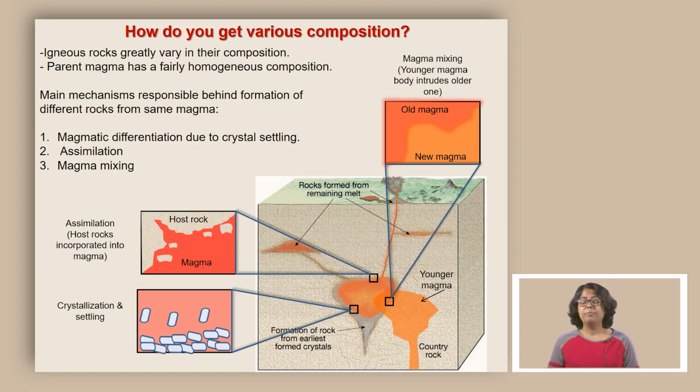As a result, when a hot magma is rising, every time it is cooling down, it is losing part of its composition because some of the minerals preferentially crystallize and get removed from the original melt. Because they are settling, the original melt composition does not remain constant and keeps on changing.